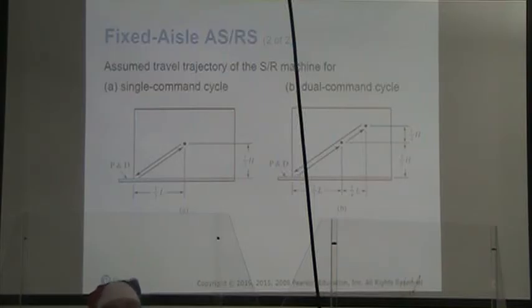If it's a dual command cycle, in other words, we can send it with something, it stores it, then it goes and gets something else and brings it back, then that's a dual command cycle, and we would calculate that as travel to half the length, half the height, and then travel to 3/4 height, 3/4 of the length, and back.